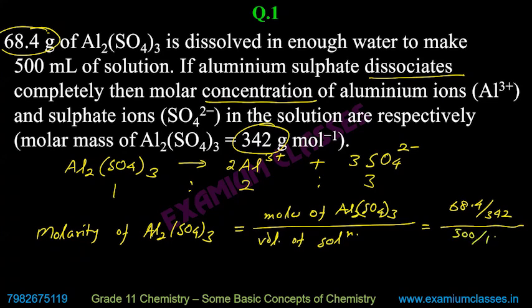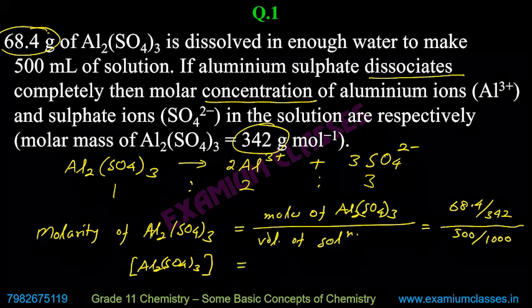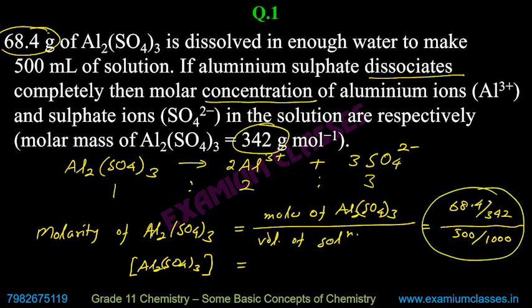It is given in milliliters, so divided by 1000. So we got the concentration of aluminum sulfate. Concentration of aluminum sulfate, that is molarity of aluminum sulfate, is also written as [Al2(SO4)3]. If any compound is written in square brackets, it means it is the molarity, the concentration of that particular compound.